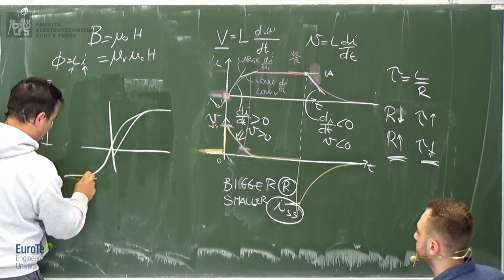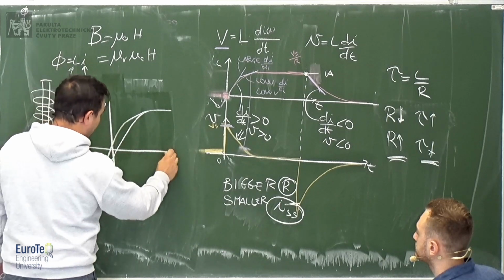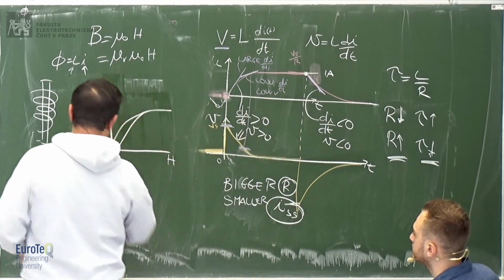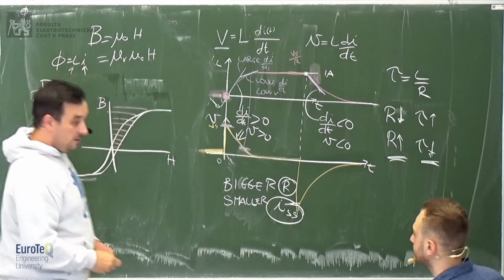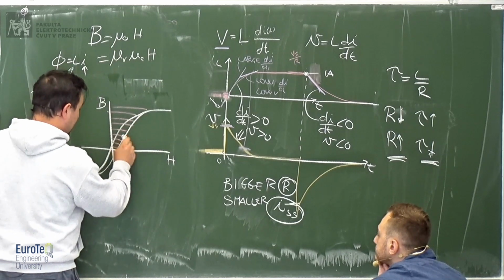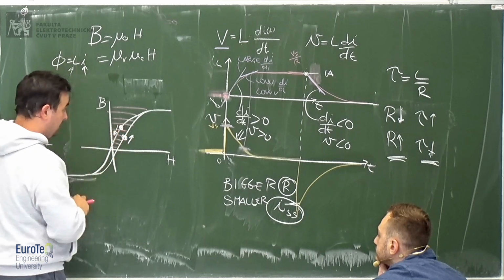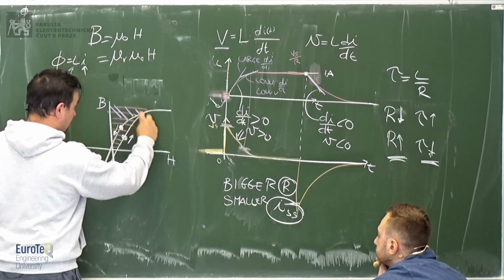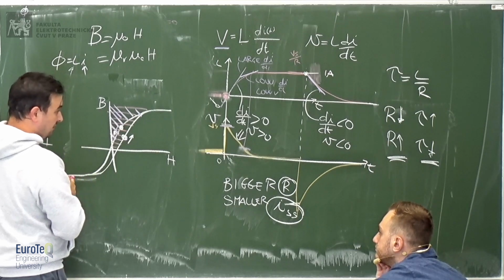My drawing skills when it comes to drawing BH loops are really terrible, but forgive me. Now, I give this energy when I'm going up. But when I'm returning back, I'm here. So the energy that I receive back is only this slice. I don't know if the drawing is clear.